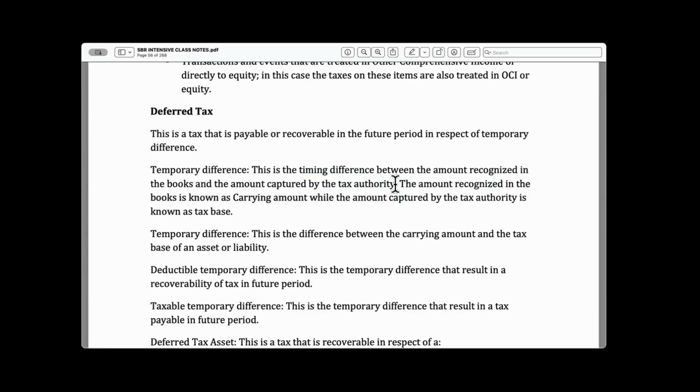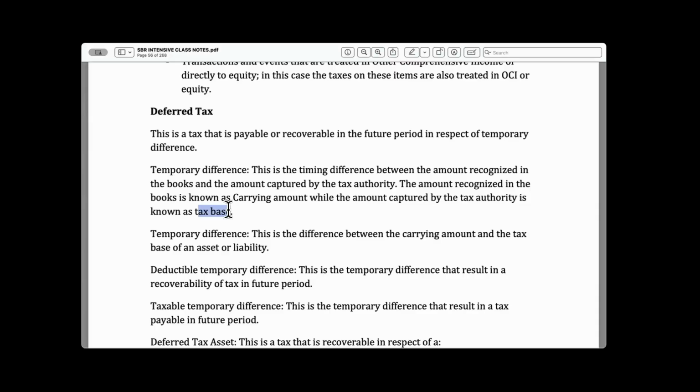Usually the amount recognized in the books, we call it carrying amount. The amount captured by the tax authority, we call it tax base. Where there are differences between the carrying amount and the tax base of an asset or a liability, that is a temporary difference.